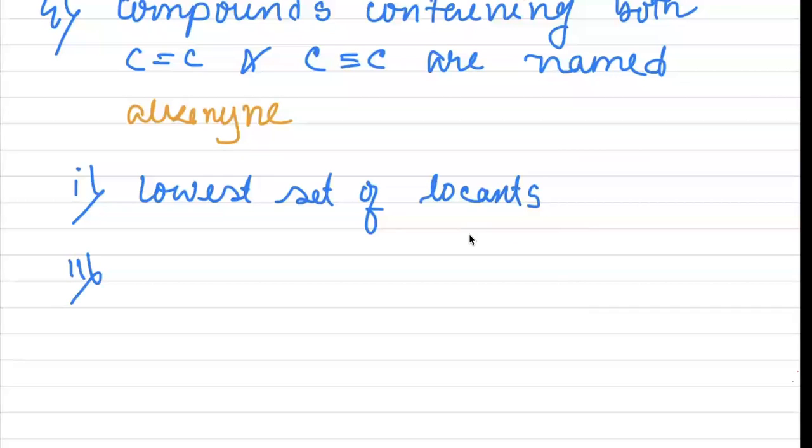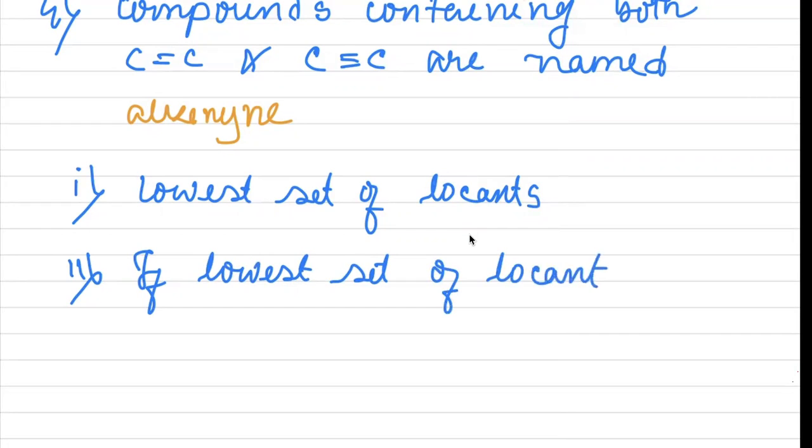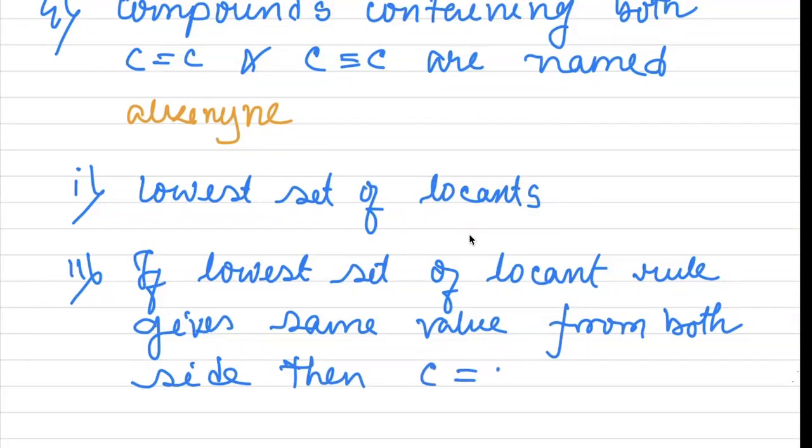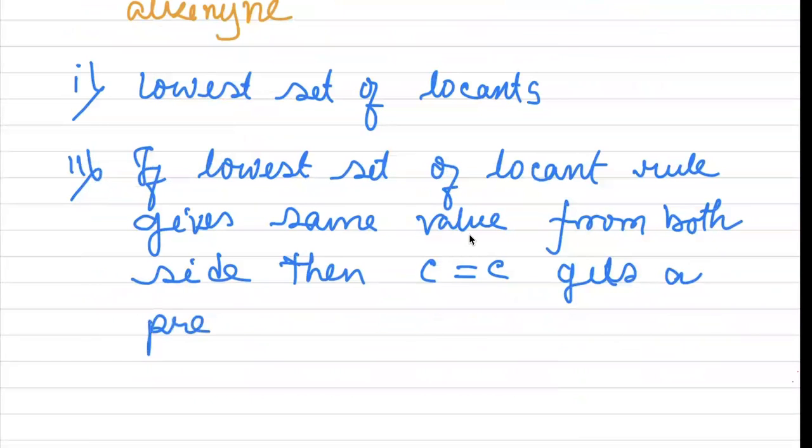Now next is very important. If the lowest set of locants rule gives the same value from both sides, then carbon double bond carbon gets a preference over carbon triple bond carbon.